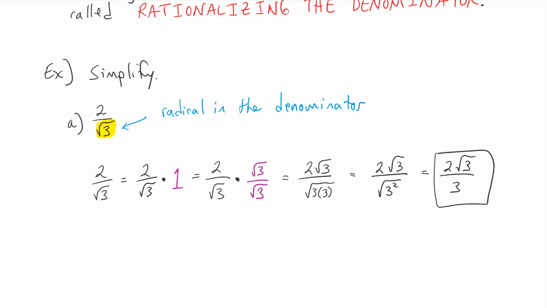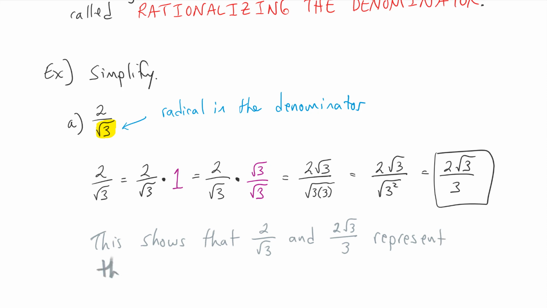Okay, so what's important here is that this shows that 2 over the principal square root of 3 and 2 principal square root of 3 over 3 represent the same value.